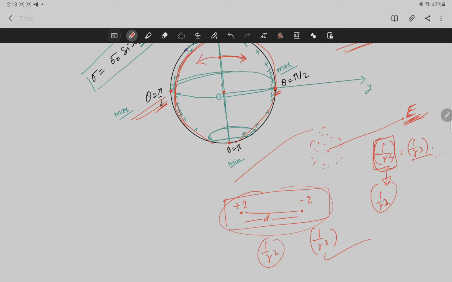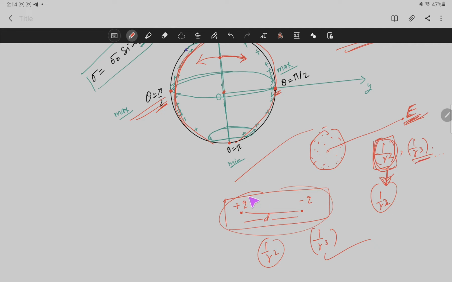So for any kind of charge distribution, the first term vanishes when the total charge is zero and the charge is not concentrated at a single point. Then the 1 over r square term vanishes, and the first dominant term we get is the 1 over r cube term.